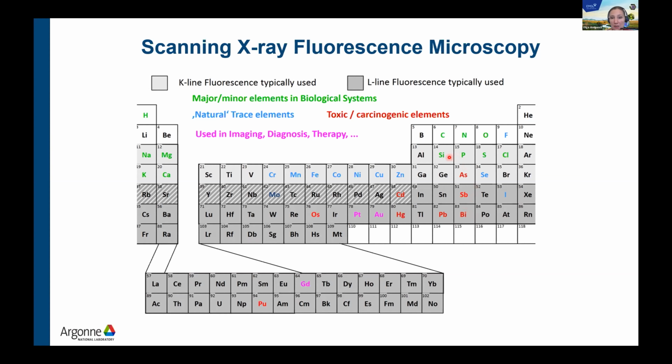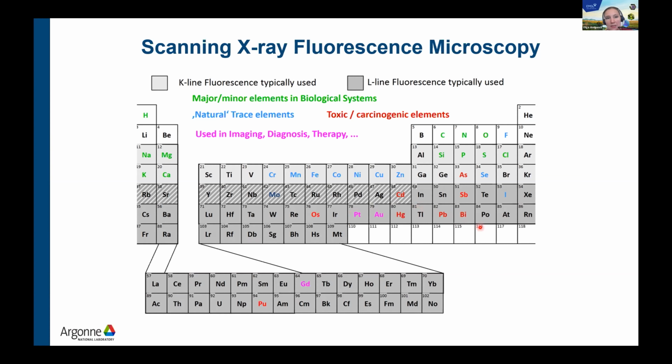We start precisely detecting somewhere around silicon or aluminum, depending on the setup, and then we can detect all the essential elements and trace elements above aluminum and silicon. We can also detect higher Z elements, which produce higher energy emission, such as platinum, gold, and lead.